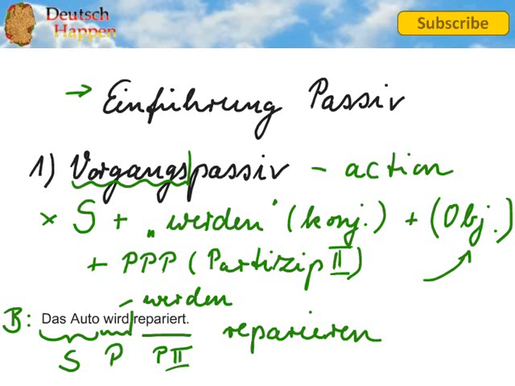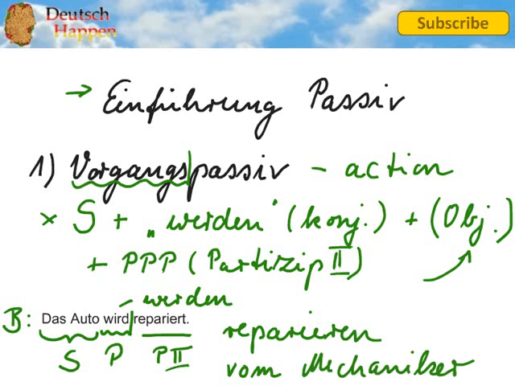and I would then put it after the werden. So I would then say das Auto wird, and let's put the object down here, vom, pulled together from von dem, Mechaniker, so dative object, indirect object, Mechaniker repariert.